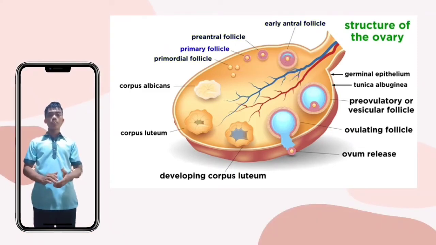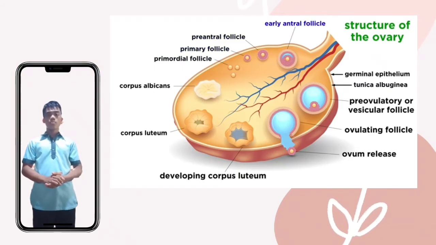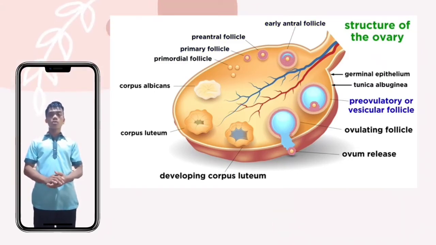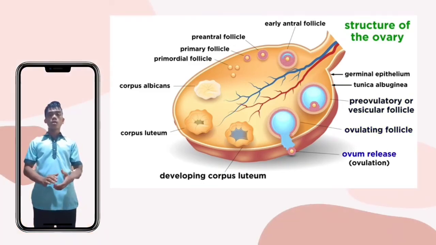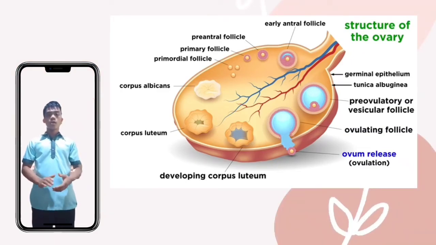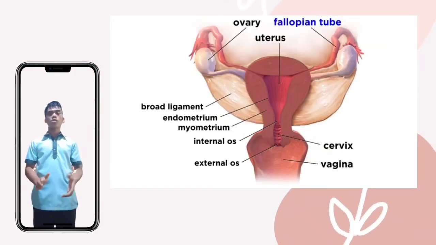When a primordial follicle matures, it becomes a vesicular follicle with a cavity called an antrum. This follicle will push the fluid out of the surface of the ovary, allowing it to eject the oocyte, and this event is called ovulation.